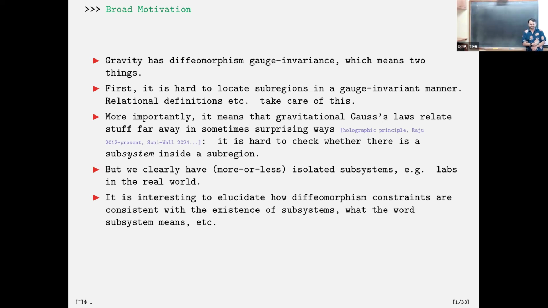My motivation was thinking about subsystems in gravity, because gravity is different. Defining a subregion is a little bit subtle.